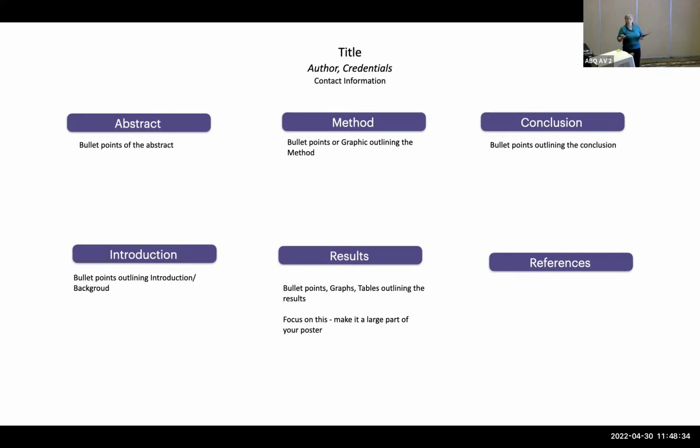Okay. And when you do this, you also want to make sure you're just using bullet points. And I see this a lot, they'll copy their whole first paragraph of their introduction and put it under their abstract or introduction.